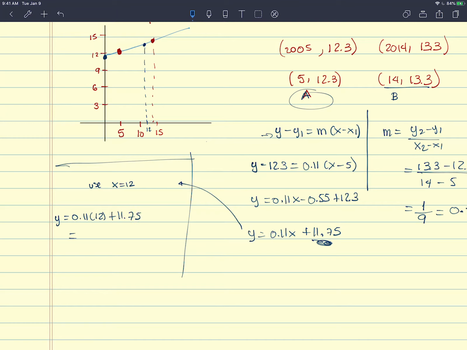And that, again, go with your calculator. 0.11 times 12 is 1.32, and add that to 11.75, and I get 13.07.